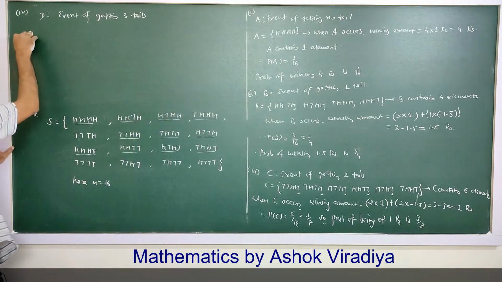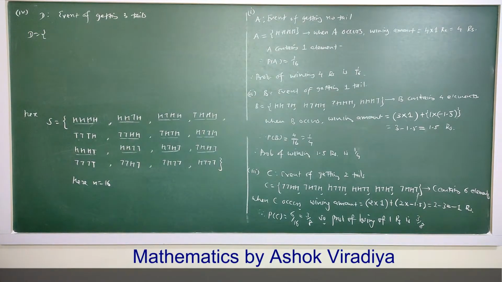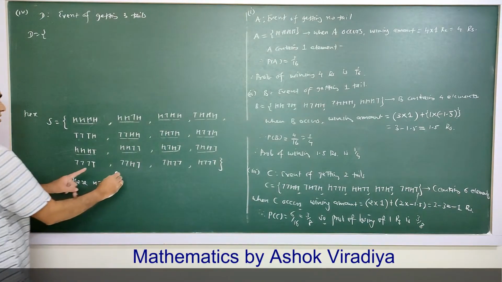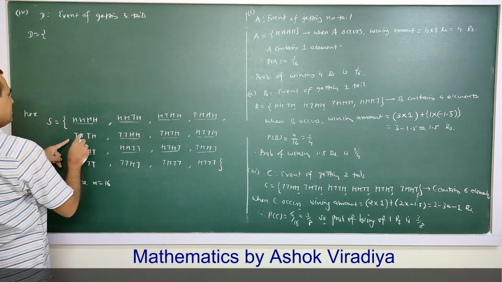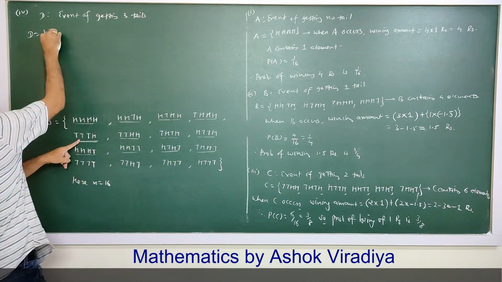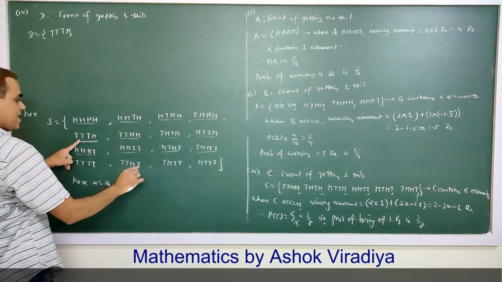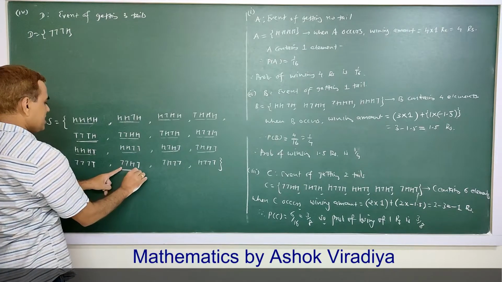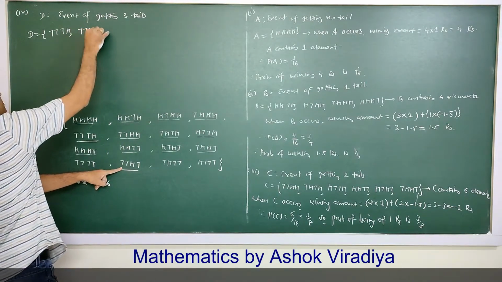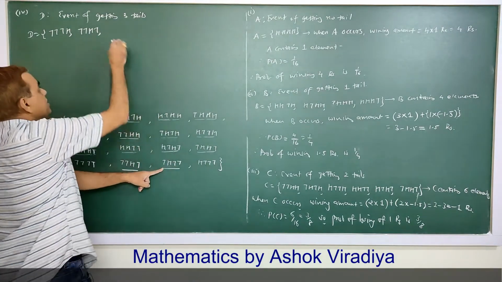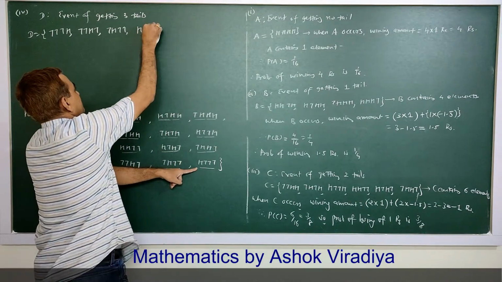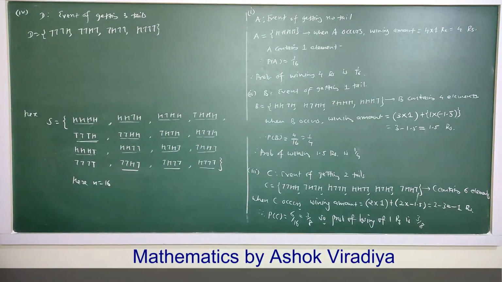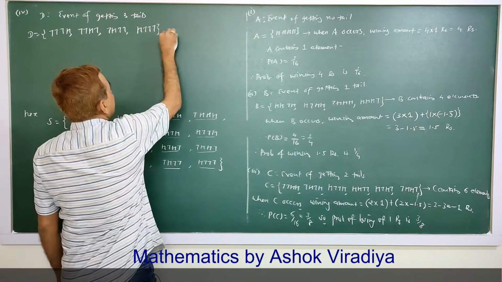So we put elements in D, 3 tails: T T T H, then T T H T, then T H T T, then H T T T. So D contains 4 elements.